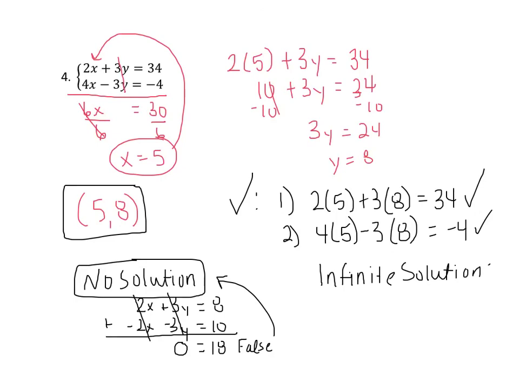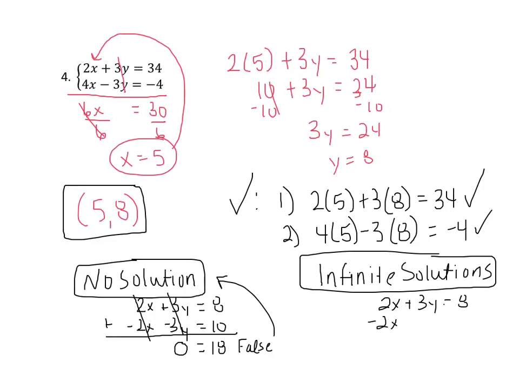So an example of infinite solutions would be if you have the equation, let's say 2x plus 3y equals 8, but then the bottom equation would be negative 2x minus 3y equals negative 8. Because what's going to happen here is your 2x minus 2x will cancel, 3y minus 3y will cancel, and 8 minus 8 will cancel. So you'll have 0 equals 0.